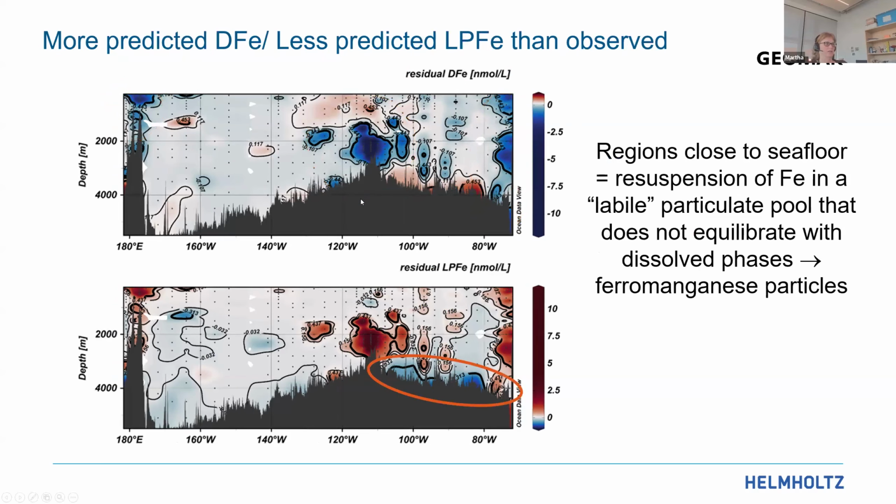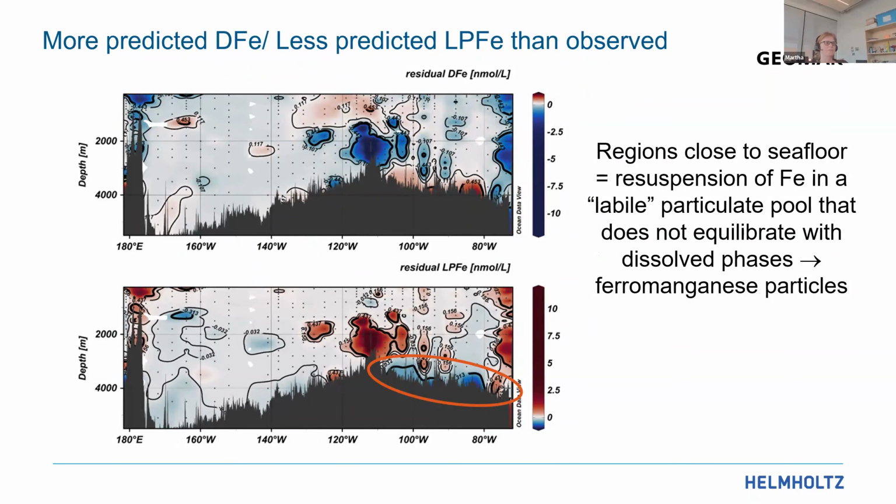Then we also have a region where we have less predicted dissolved iron and less predicted labile particulate iron than observed. And these tended to be close to the seafloor. So in these regions, we have resuspension of iron in a labile particulate iron pool that does not equilibrate with the dissolved phase. This fits with an idea that these are ferromanganese particles.